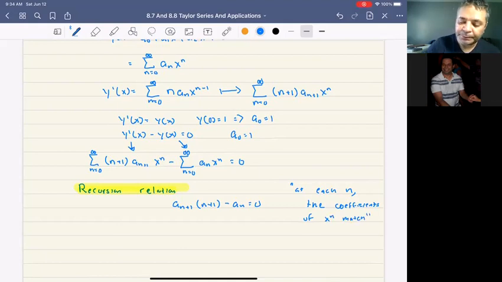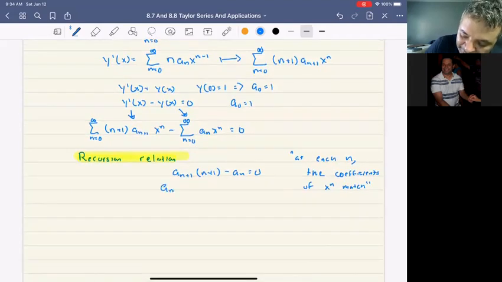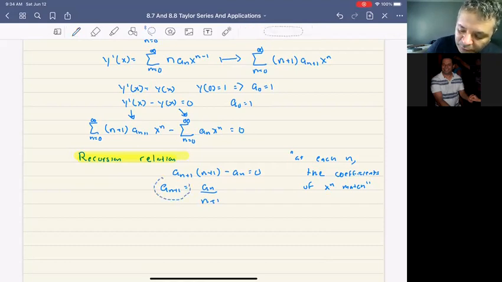Okay. So now this gives us that a sub n plus 1 equals a sub n divided by n plus 1. Okay. Now, we know a sub 0 equals 1.